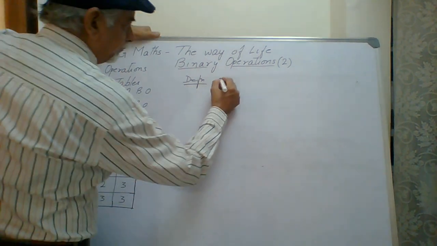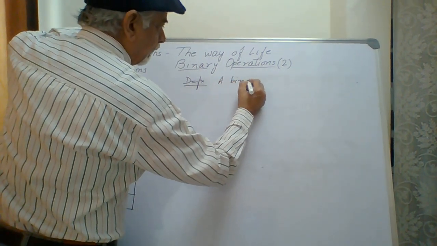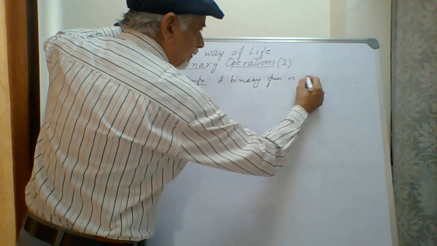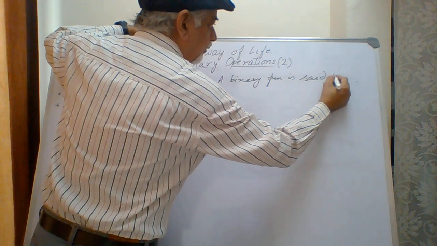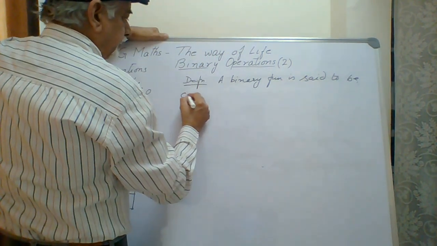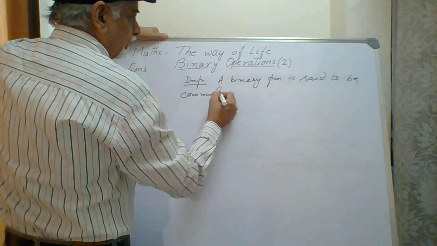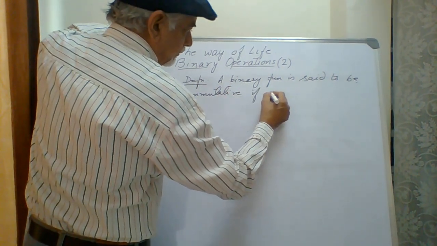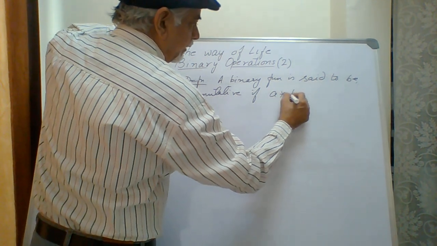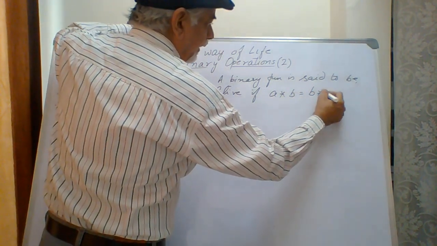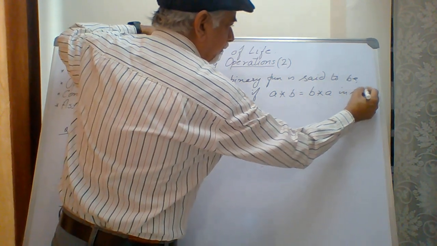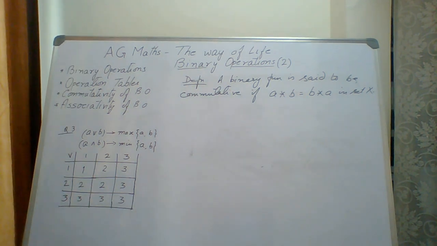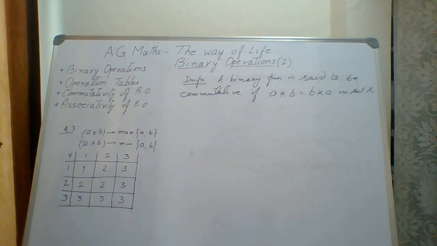A binary function is said to be commutative if A binary B is equal to B binary A in a given set X. This is the definition for commutativity.